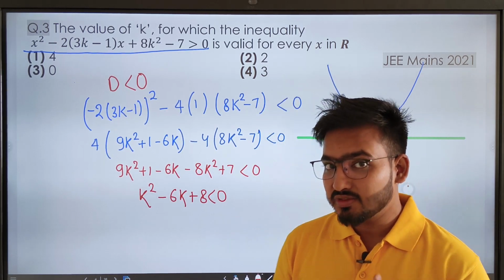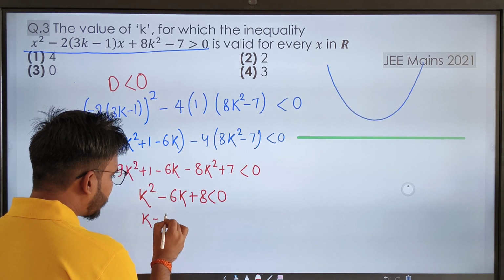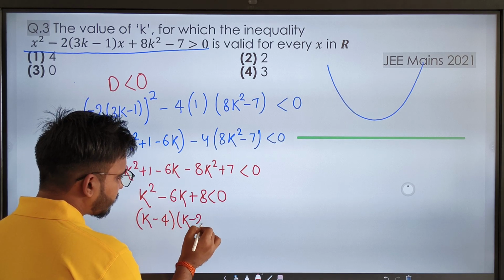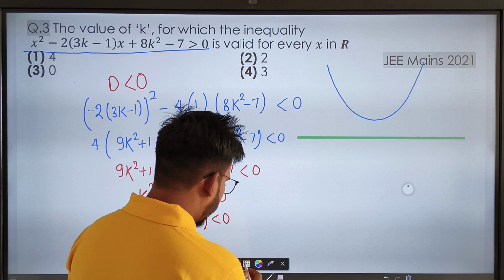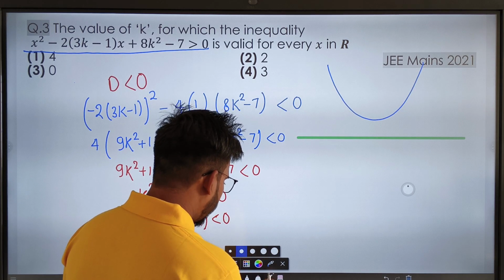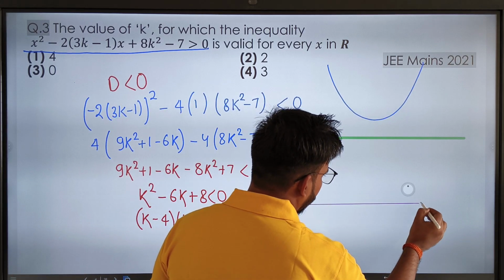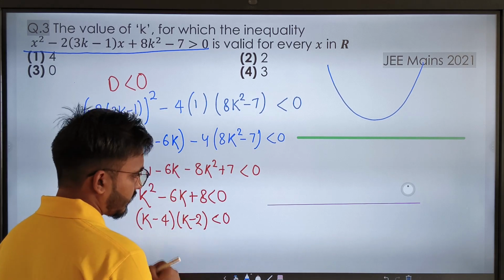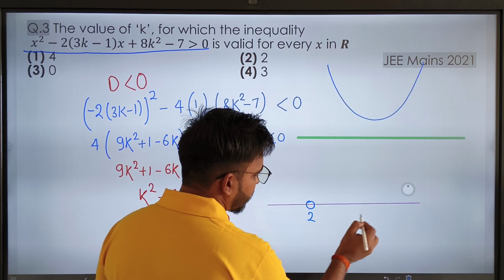It means its factors are going to be k minus 4 into k minus 2. Next is the best. What is next, sir? Very simple. We will draw a number line and we'll just mark these 2 points. First one is going to be 2 and second one is going to be 4.